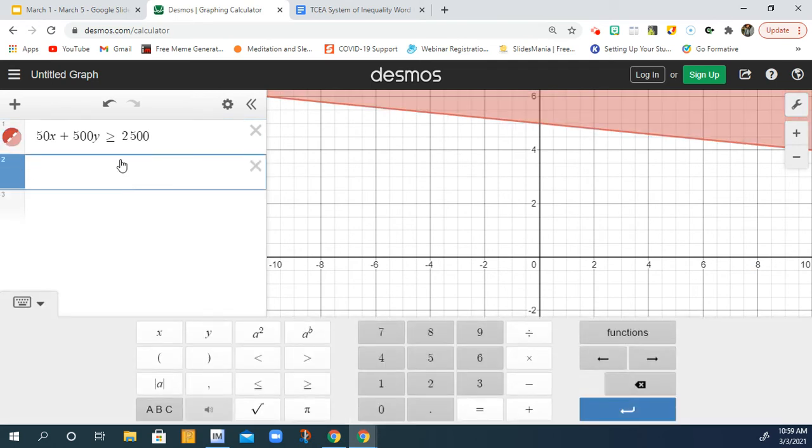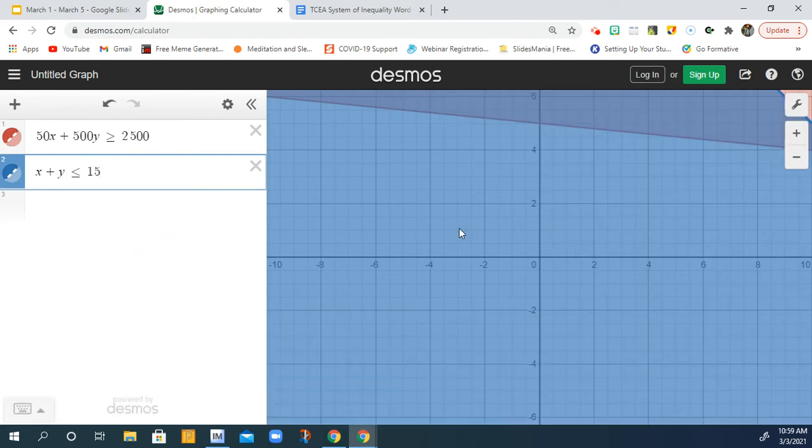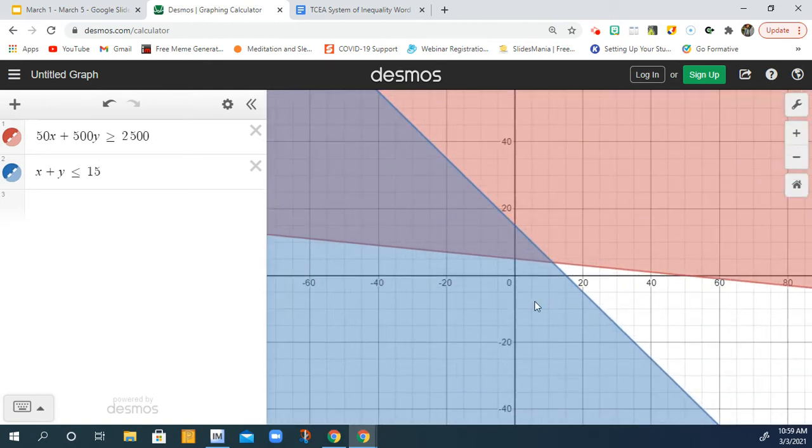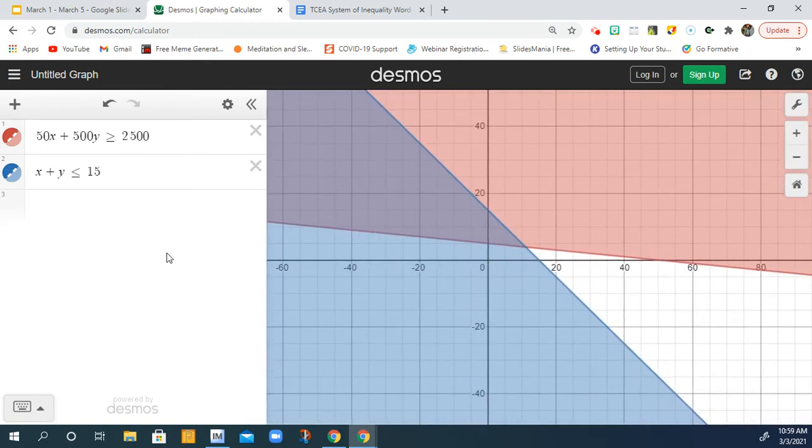Okay, and then the next one was x plus y. They cannot go over, so less than or equal to 15. Okay, so here is my systems of inequalities. So all of my solutions that are possible.